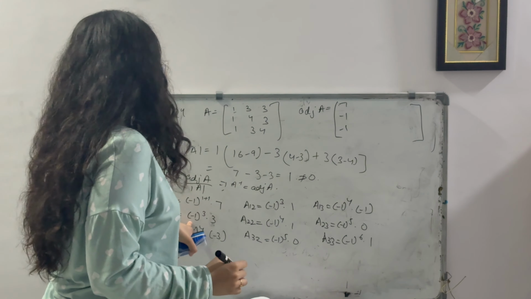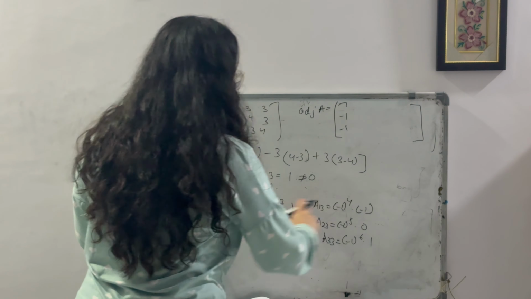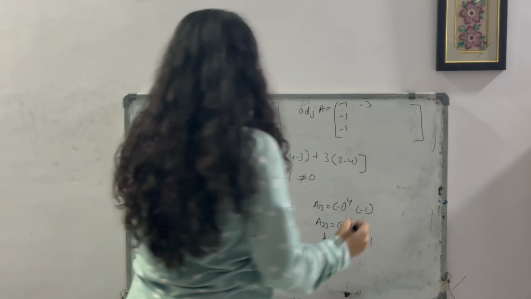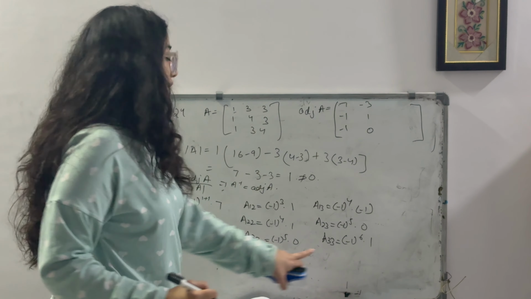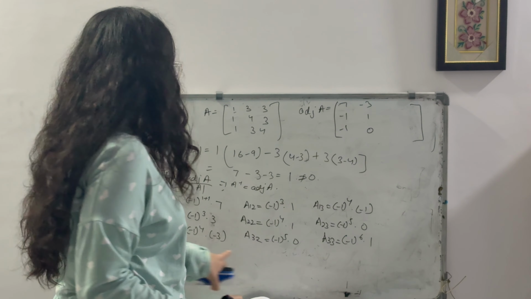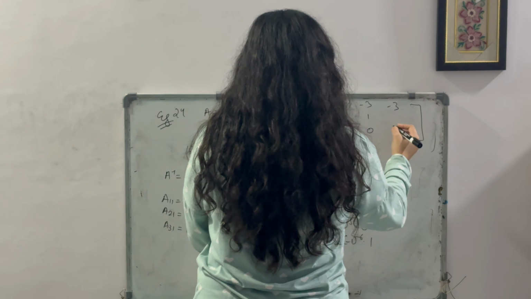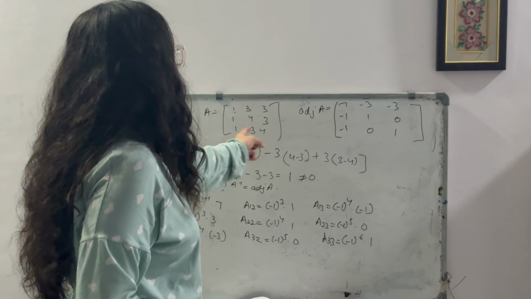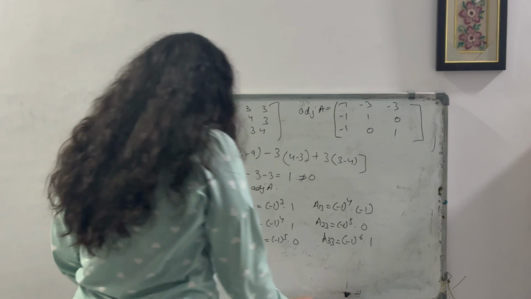And then this is the second row that we have. This will become the second column. So this is minus 3, 1 and 0. This is the last row. This will become the last column. So this will look like minus 3, 0 and 1. So this is adjoint of A, and that is exactly what is inverse of A. So what is inverse of A?